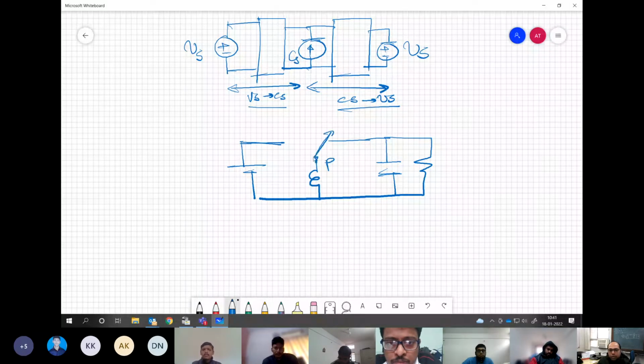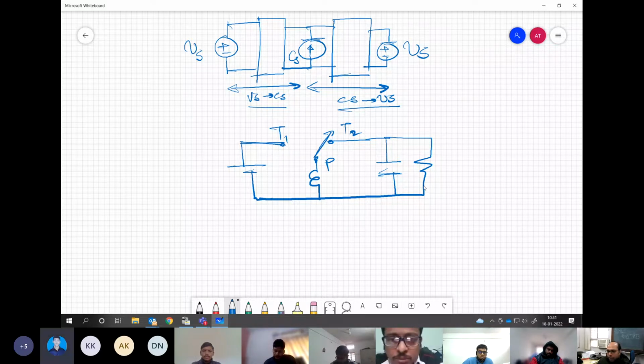So we have these two, throw 1, throw 2. Do you recognize this as the common buck boost converter? Yes, sir. Any problem in this?